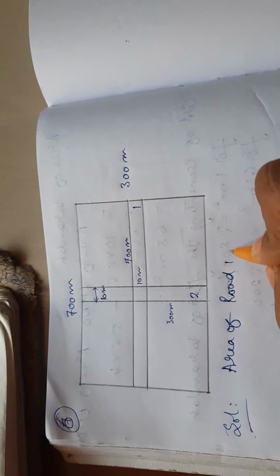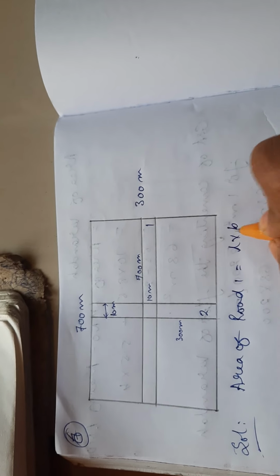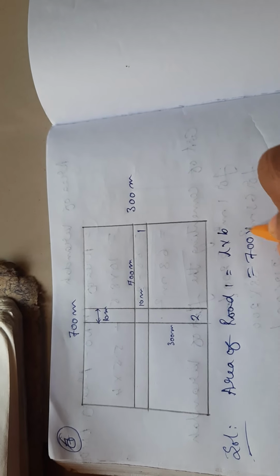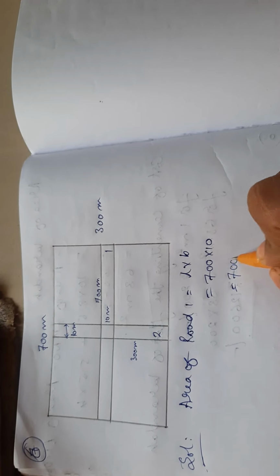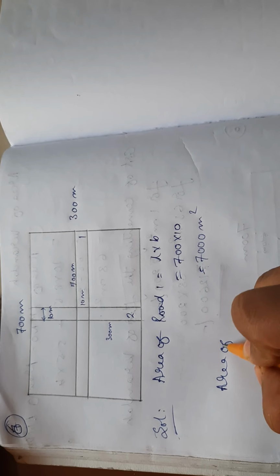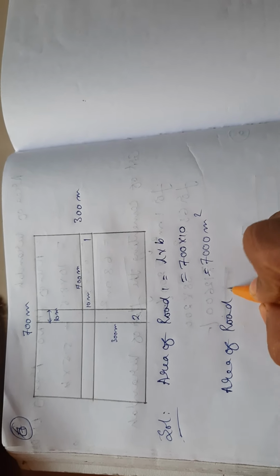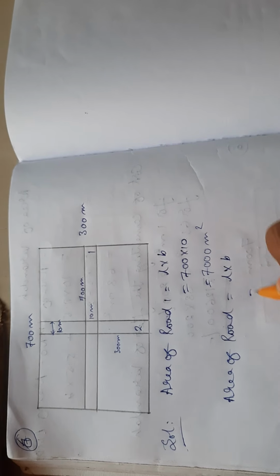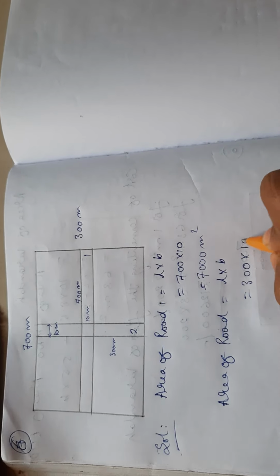See, first you write down area of road 1 is equal to length into breadth. So 700 into 10, which is equal to 7000 meters square. This is area of road 1. So area of road 2 is equal to L into B, which is equal to 300 into 10.